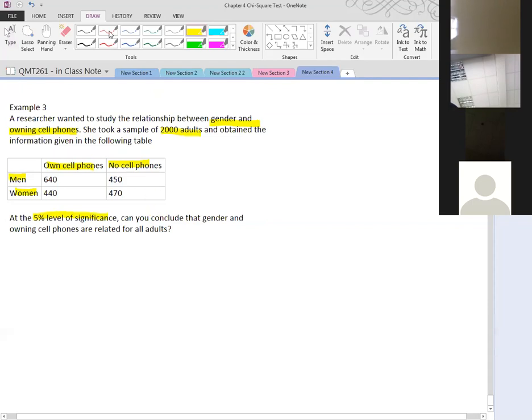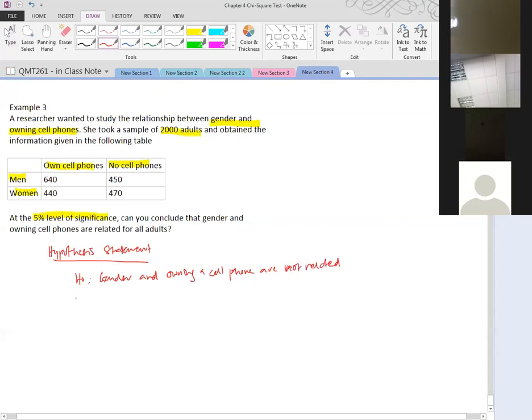So now, first step, what we need to do is to state the hypothesis statement. Null hypothesis is gender and owning cell phone are independent or not related.